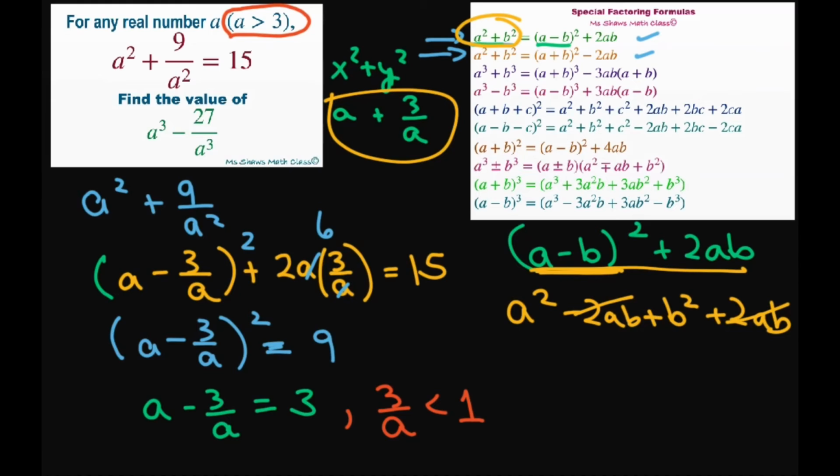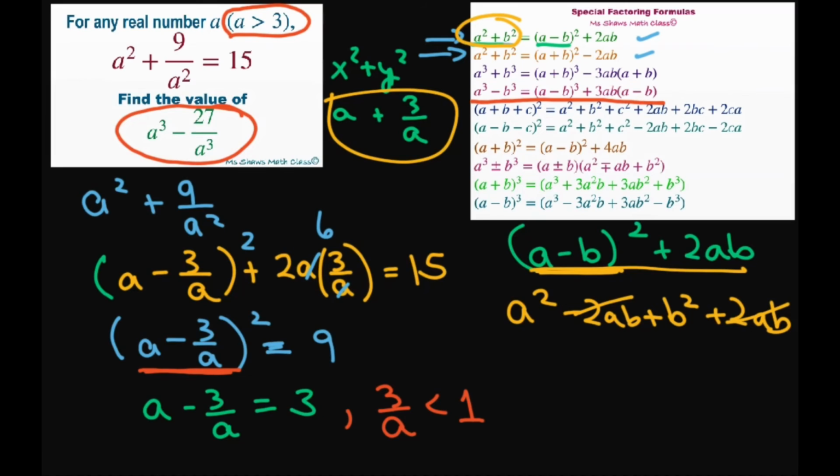All right, now let's look at this right here. Now that we have that, we can simplify everything. We have this term here, our a minus 3 divided by a. So what I'm going to use is this formula right here.